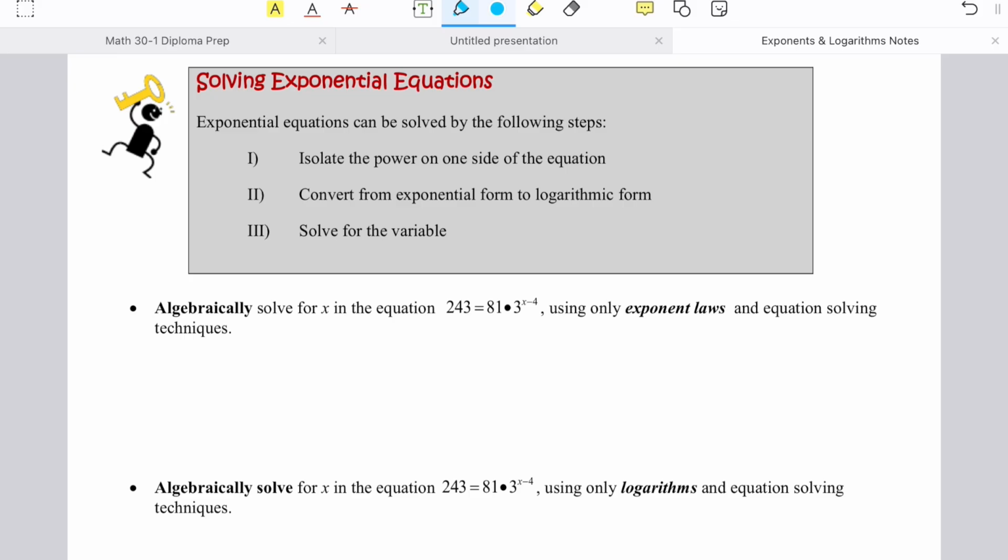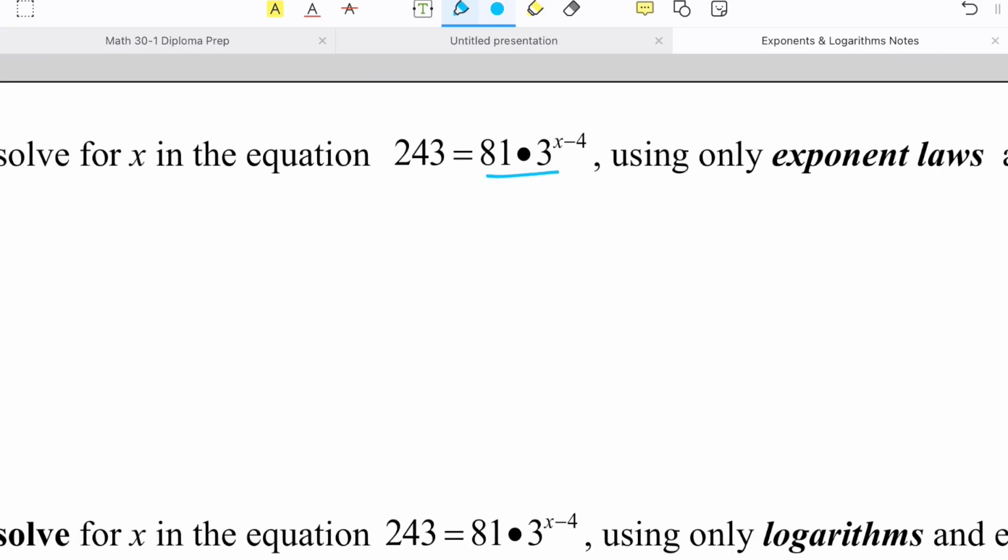So when you're solving, make sure you isolate the power on one side of the equation, convert exponent form to log form, and solve the variable. So let's isolate the power in this question. Divide by 81, we'll isolate it. 243 divided by 81 is 3. 81 divided by 81 is 1. 3 to the power of x minus 4.